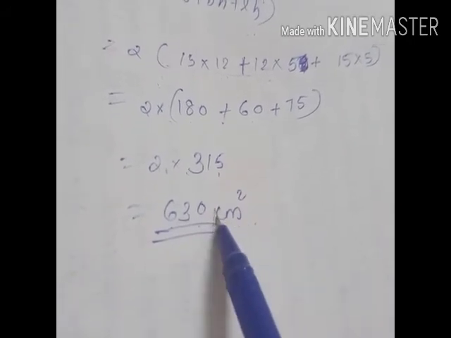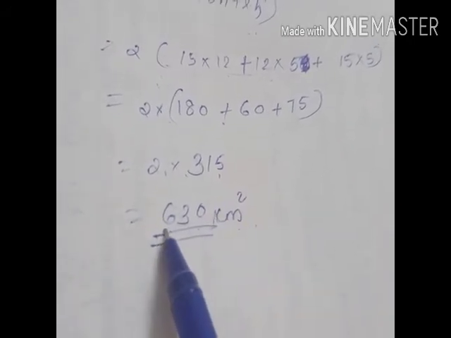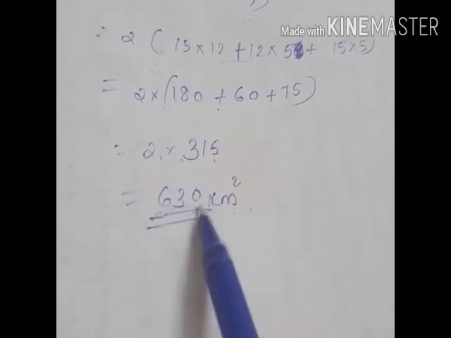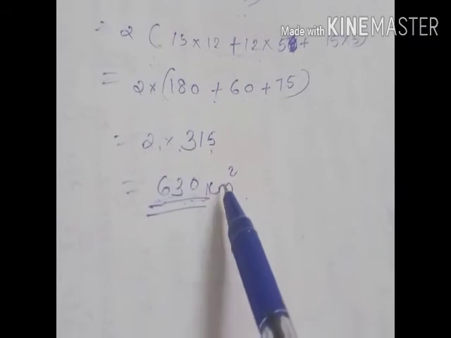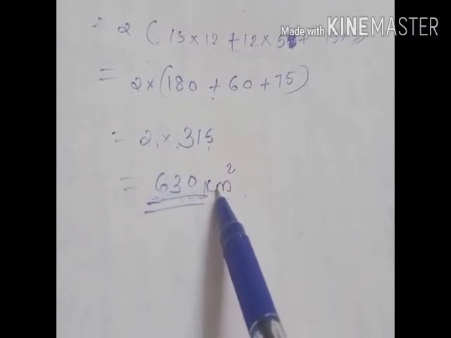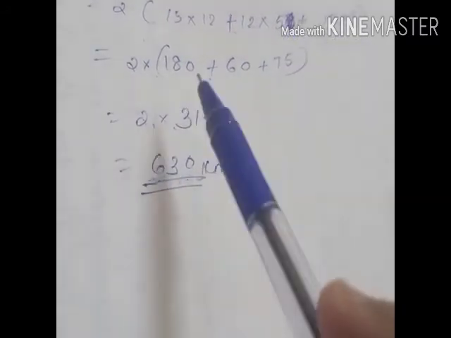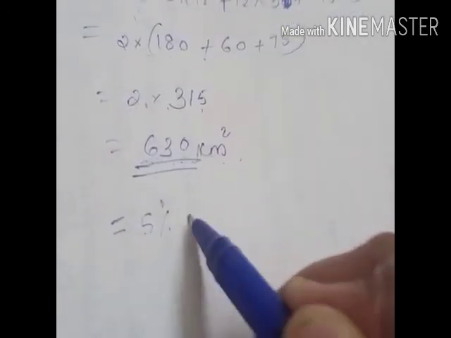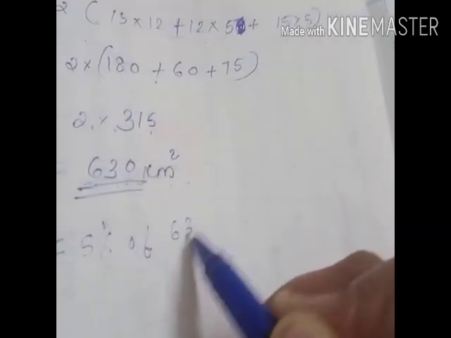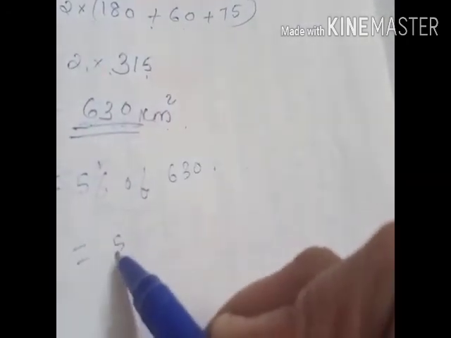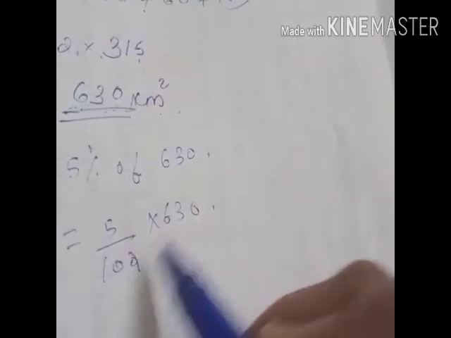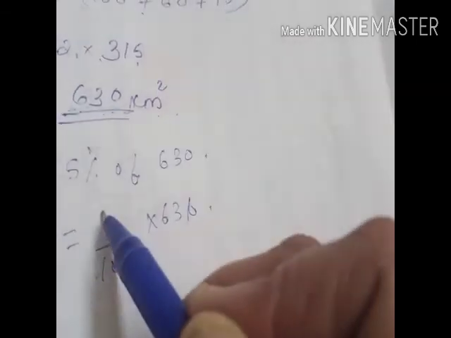So for making the small box, how much cardboard is required? 630 centimeter square. But for overlapping, 5% of TSA is required. So for overlapping, how much area we required? 5% of 630. That is equal 5 by 100 into 630. Then we can do the cutting method.